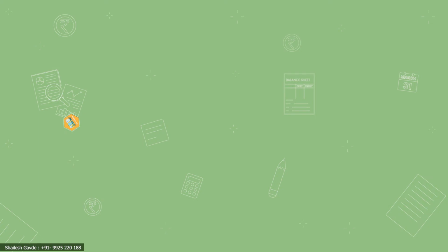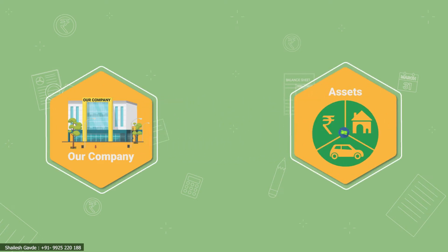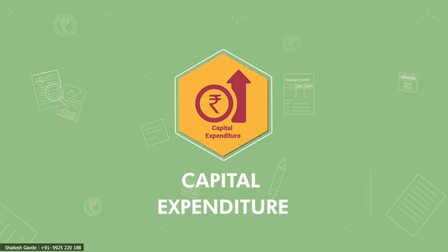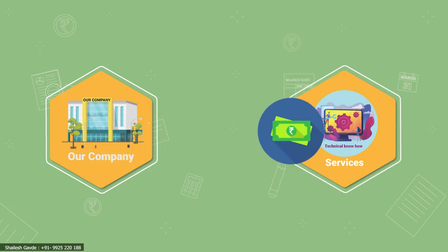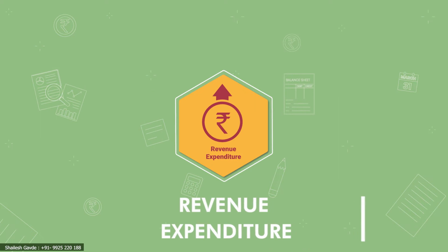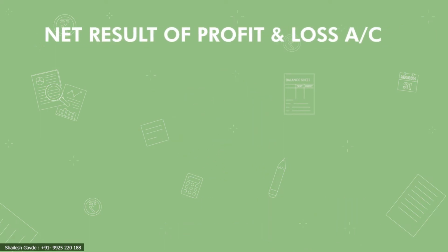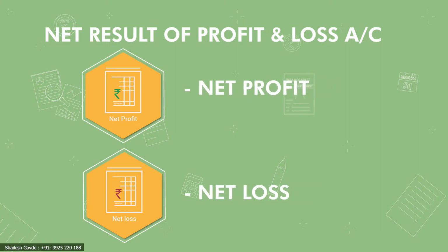Students, if the firm has paid any amount against which the firm gets any asset, it is termed as capital expenditure. If the firm has paid any amount against which the firm gets any services, it is termed as revenue expenditure. The net result of profit and loss account is termed as net profit or net loss.